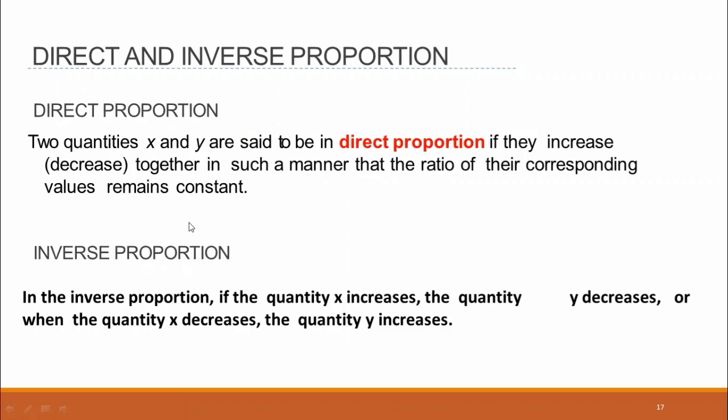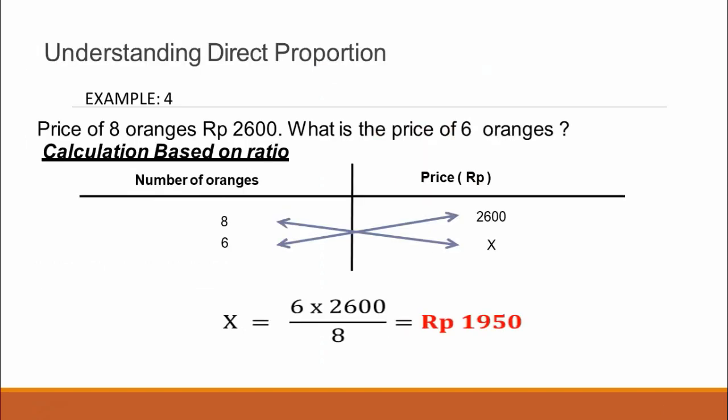And inverse proportion: in inverse proportion, if the quantity x increases, then the quantity y decreases, or when the quantity x decreases, then the quantity y will increase. For example, to understand direct proportion, we should study this example.